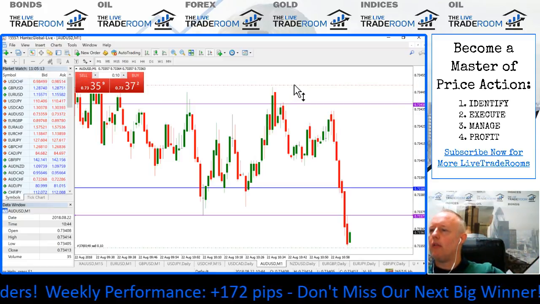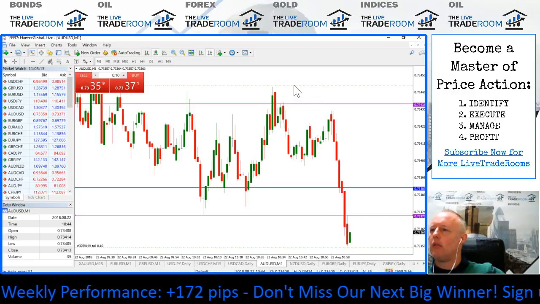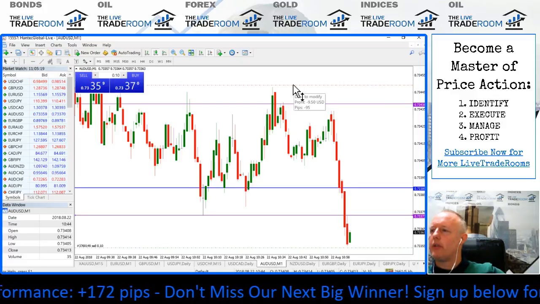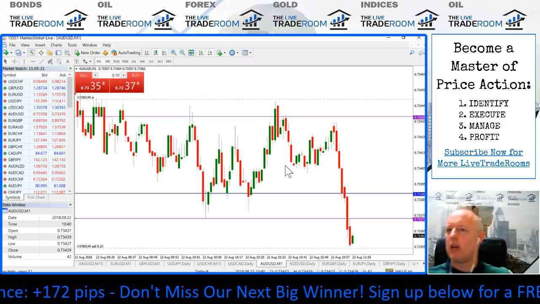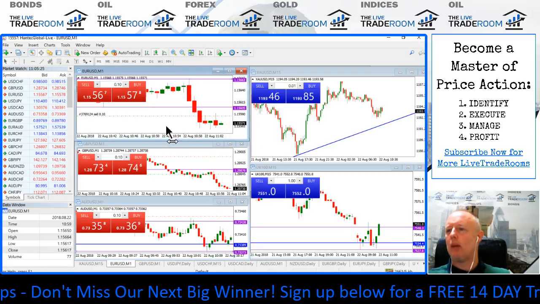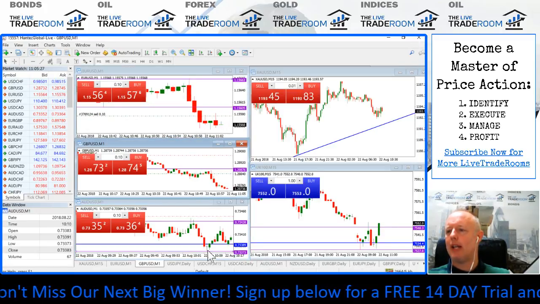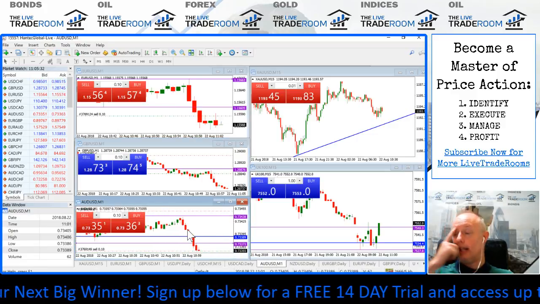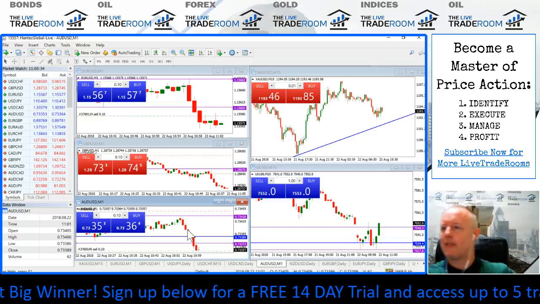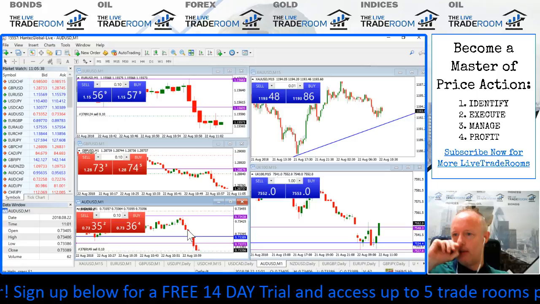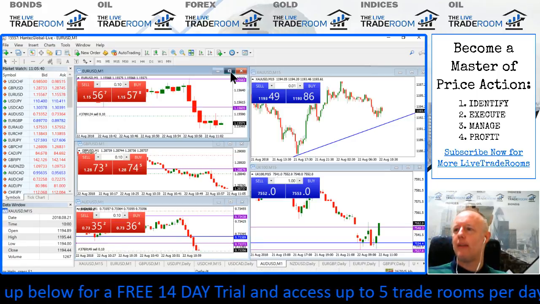And you'll see it's a 9 pip stop loss. So we've been able to cherry pick opportunities in these markets. Now what we want to do is focus on trading the structure, and hopefully we'll have some good running trades today. Plenty of scope to the downside.